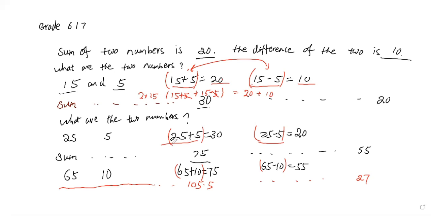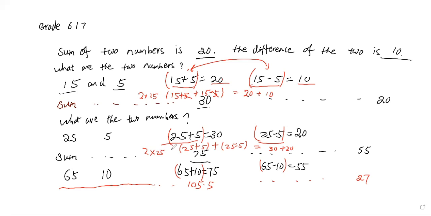Similarly, if you do the same thing, this is 25 plus 5, and then 25 minus 5. You add these together, which is equal to 30 plus 20, and the left hand side becomes 2 times 25.